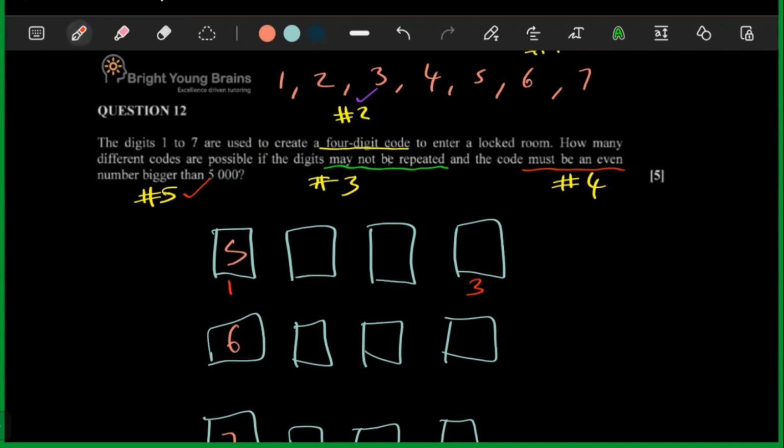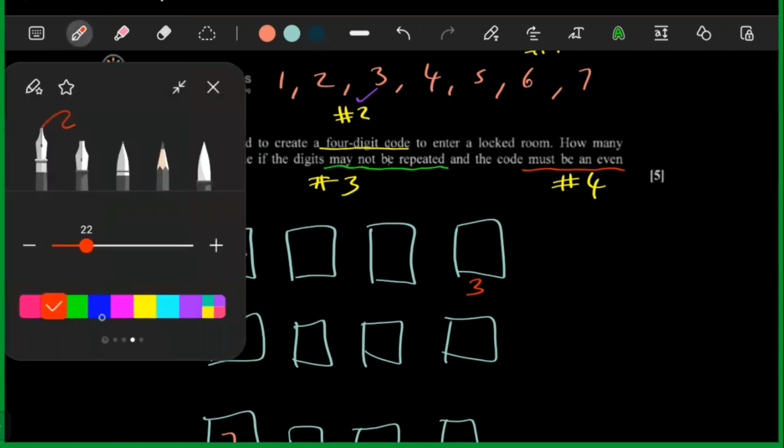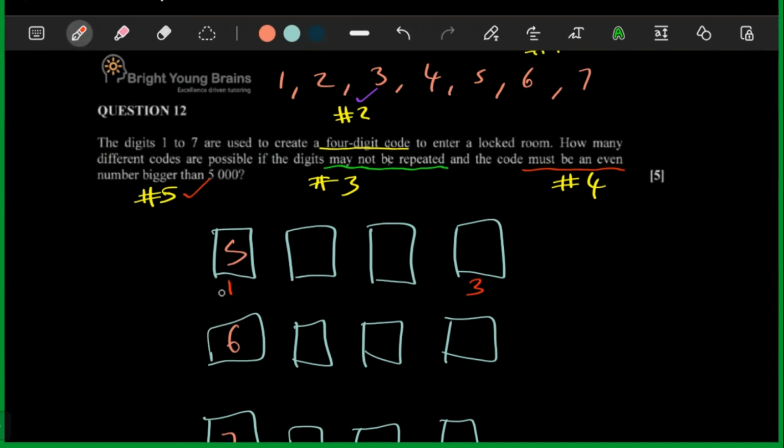And then once you put a number in the front and a number at the back, you have used up 2 numbers out of the 7. Do you agree? Yes. So if 2 numbers out of the 7 are used up, for this position here you only have 5 options, and once you put a number in here, you only have 4 options for this one.